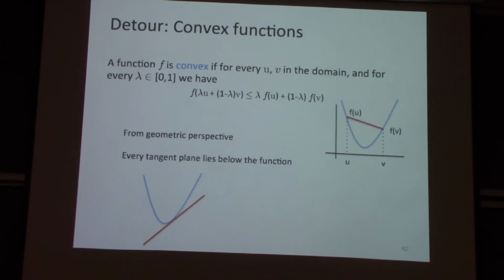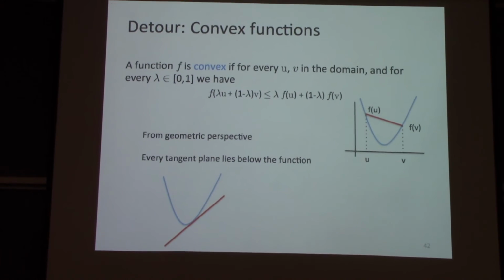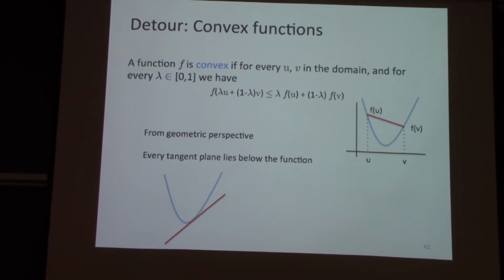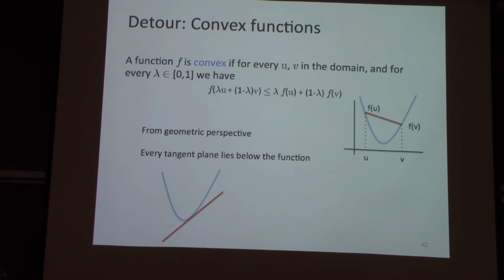So this is a slight detour for introducing the meaning of convex functions. So mathematically, the convex function is determined using that equation, but let's not look at that right now. So intuitively, in the 1D case, the shape of a convex function is just like a bowl.